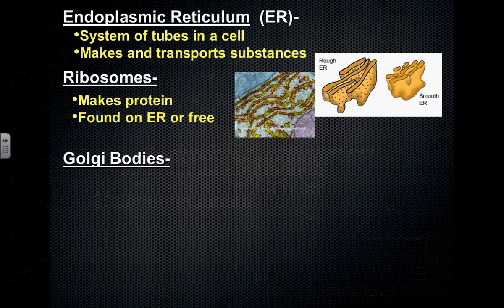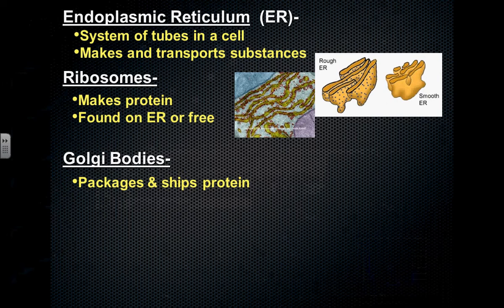And this leaves us with our last organelle on this slide, the Golgi bodies. Golgi bodies are an organelle that's responsible for taking these proteins, packaging them up into little packages to be sent out of the cell. Many different cells in our body have to make proteins that are going to leave the cell and go somewhere else, such as in our pancreas. Certain cells in our pancreas need to make a protein, insulin, and send it into our bloodstream.